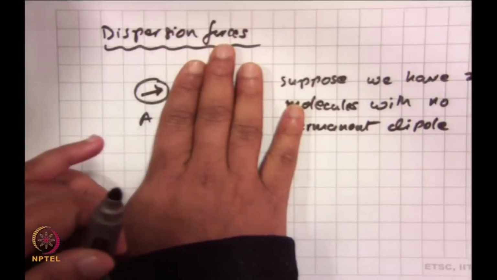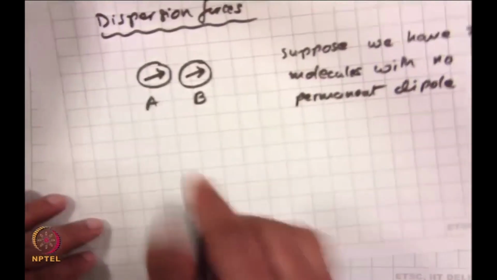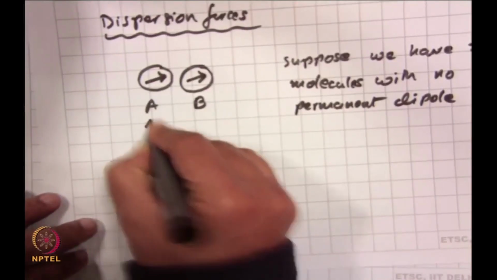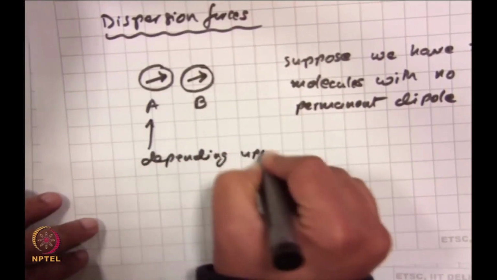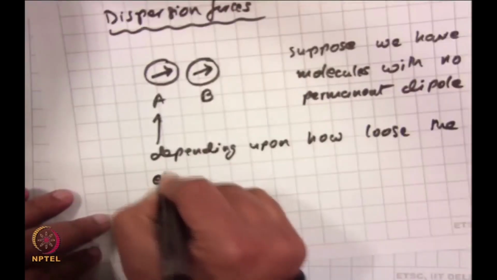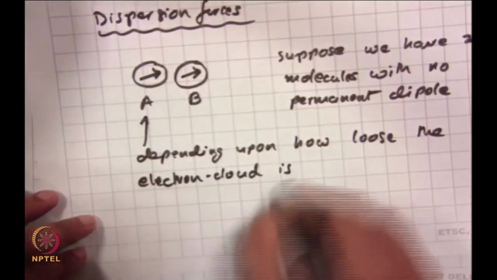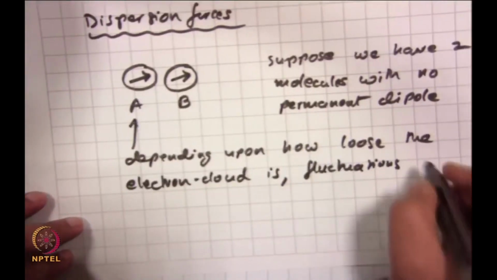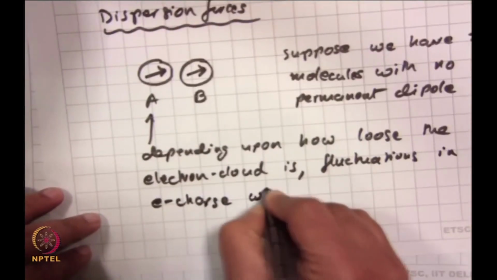A also does not have a permanent dipole, and B, obviously we are not talking about B right now, but we know about something referred to as an instantaneous dipole. So, what will happen is, if I am talking about A, depending upon how loose the electron cloud is, fluctuations in electron charge will occur.